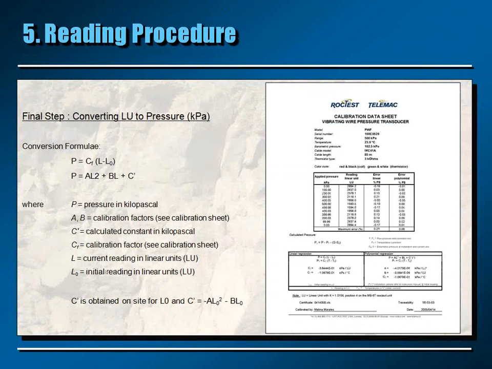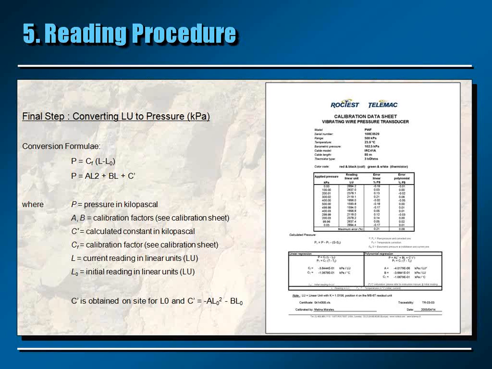Okay. Now, once you have the linear unit from the readout box, you have to convert that into pressure. For doing that, you will refer to the calibration data sheets. Each piezometer is provided with its own calibration data sheet, with its own calibration conversion factors.